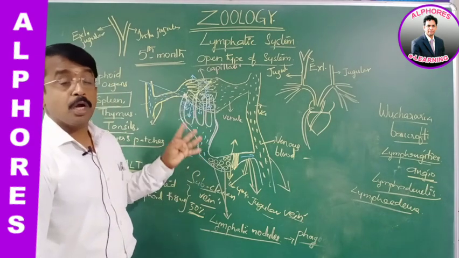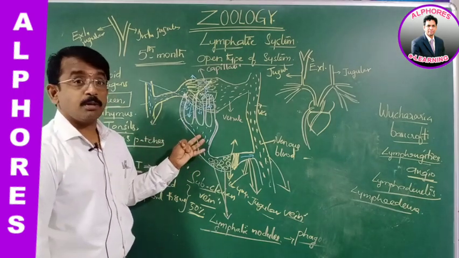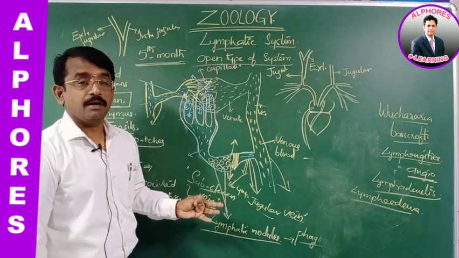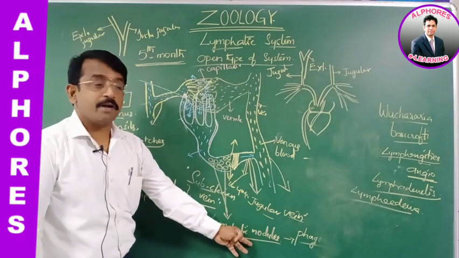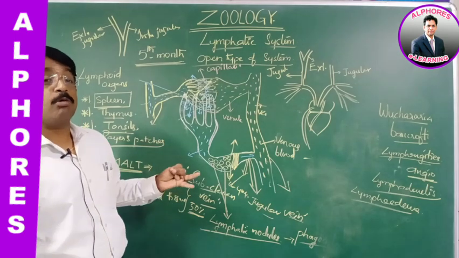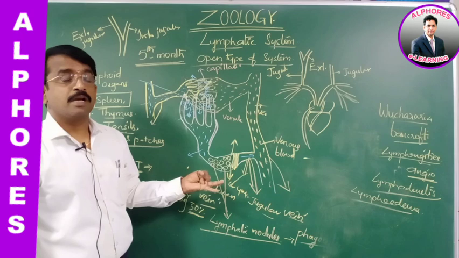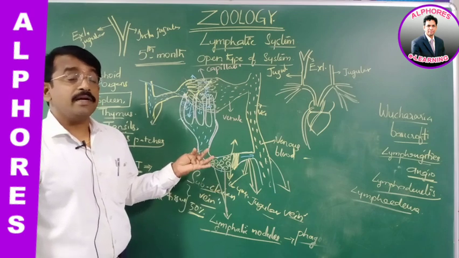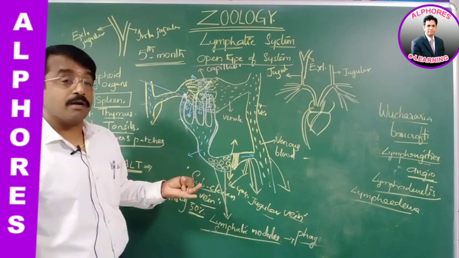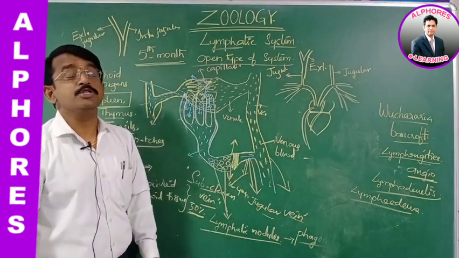Two, phagocytosis done by the phagocytes present in the lymphatic nodules. Next, it is also for transportation, and it avoids the viscosity of the blood by joining it into the main blood stream into the veins.